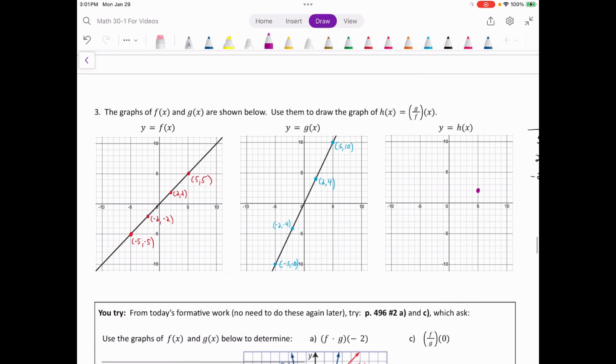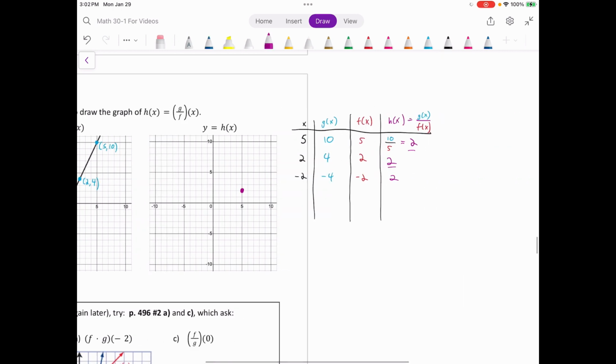Sure enough, even this last one here, when x is -5, the value of g is -10, the value of f is -5, so we're going to do the same thing. -10 divided by -5 would be +2, right? So look at all these points we've got.